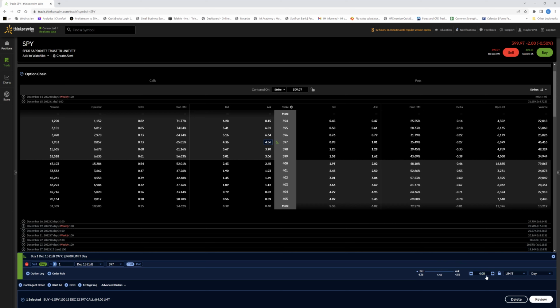So this is a contract that may not get filled. So I would not encourage a limit order based on contract prices. I would do a limit order based on the number, the strike price.